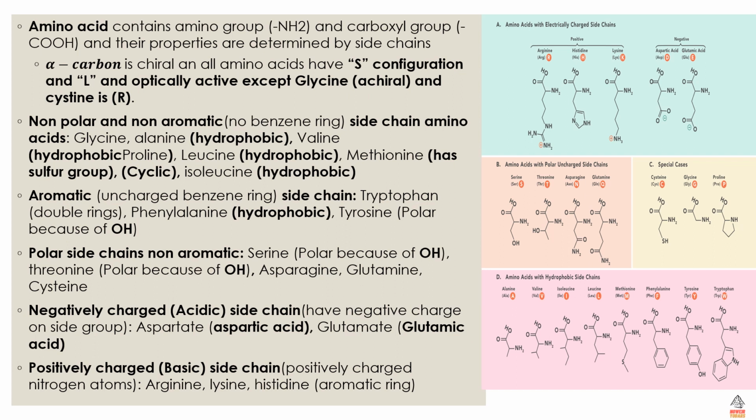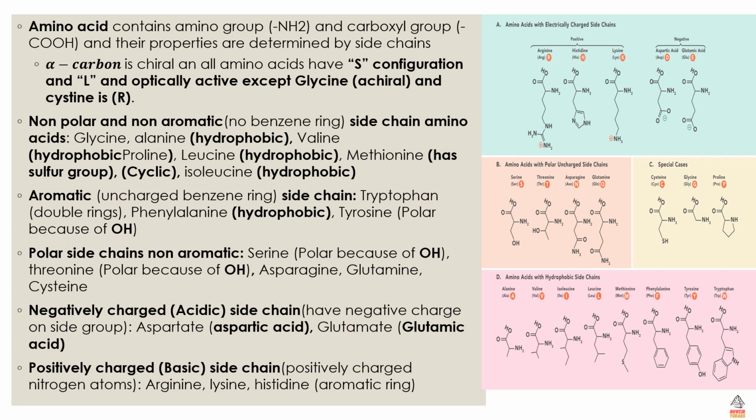The carboxyl group comes from carboxylic acid. It's basically an OH and a double bond to oxygen. That's what a carboxyl group is. And this is an amino acid: NH2 and a carboxyl group. Their properties are determined by the side chains they have.